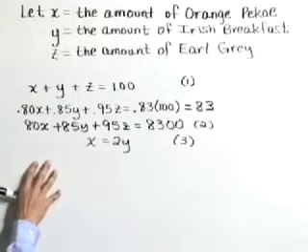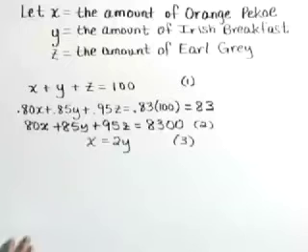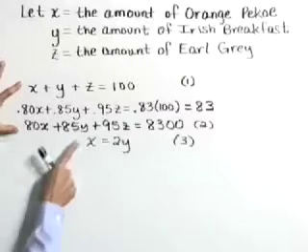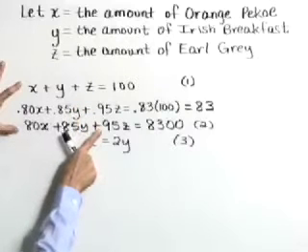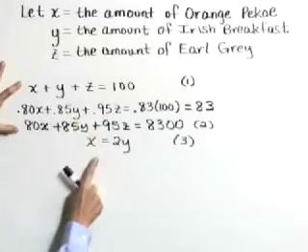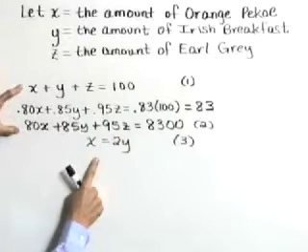I'm going to start with the elimination method, and I'm going to select equations 1 and 2. I'm going to eliminate the variable z because this third equation does not have z in it. So let's eliminate z from the first 2.